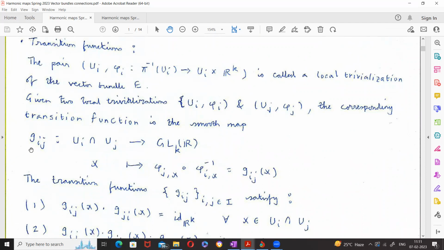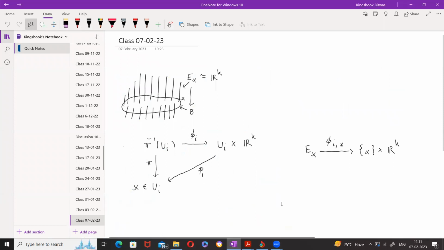So this is going to be a smooth map g_ij from the intersection U_i intersect U_j to GL_k(R), which is the map x goes to... So we have these linear maps coming from the two local trivializations, phi_i,x and phi_j,x, right?